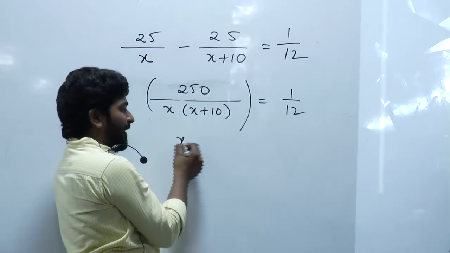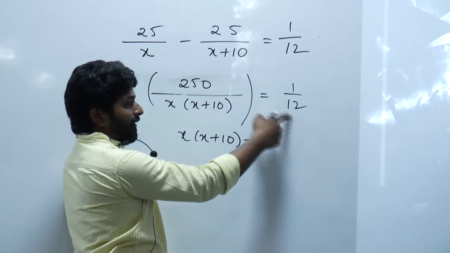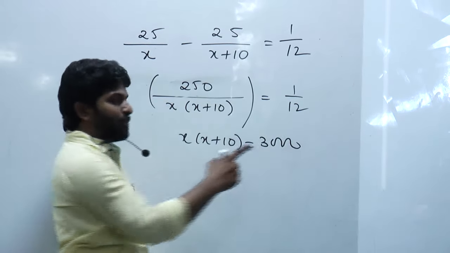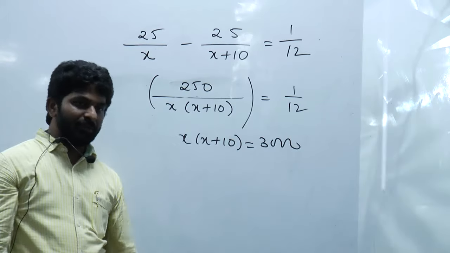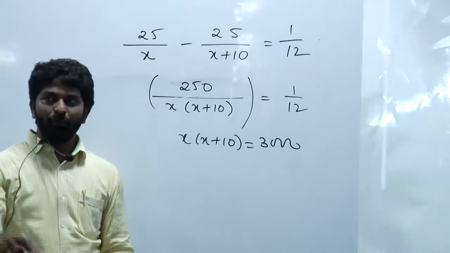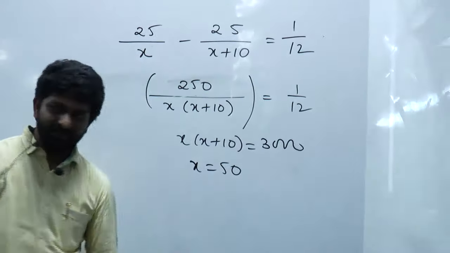Go for cross multiplication. x into x plus 10 should be equal to 250 into 12, which is 3000. 250 10 times is 2500, 250 2 times is 500, total 3000. Now you need to get the value of x. Instead of solving for x here, go for substitution. And x should be equal to 50. Then only it satisfies.